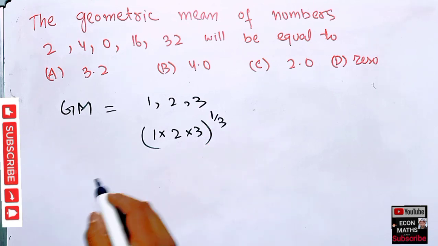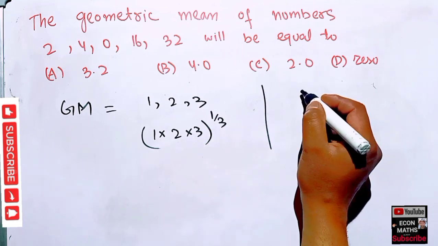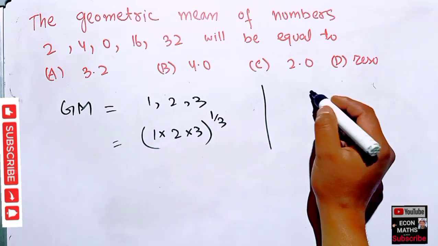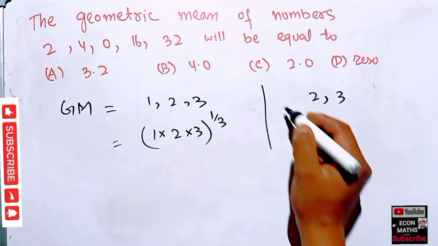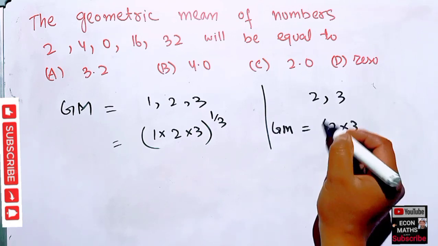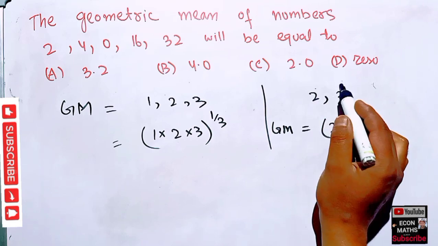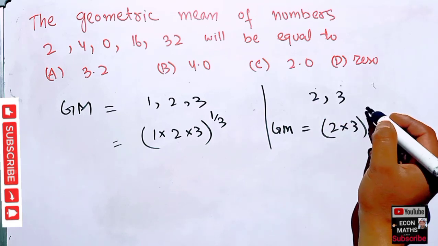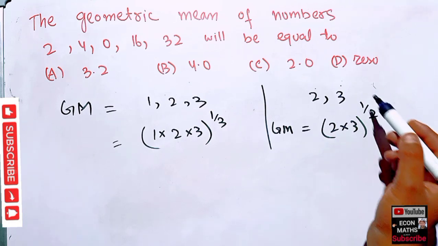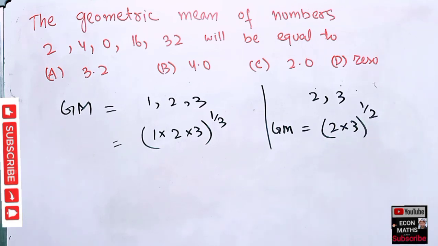Similarly, if we are given only two numbers, let us say 2 and 3, the geometric mean would be simply 2 into 3 and taking the square root, that is, power 1 by 2. Similarly, if we have n numbers, we take the nth root.